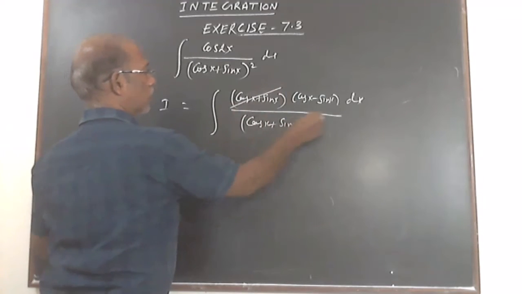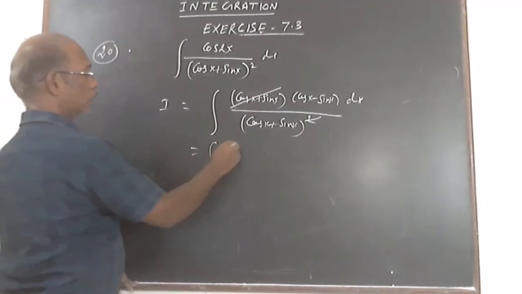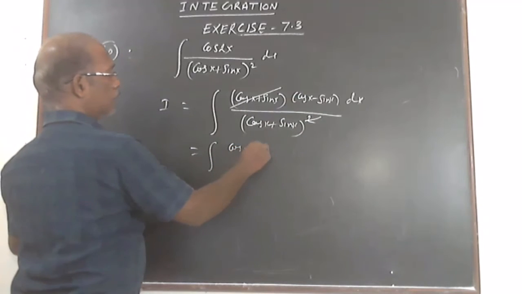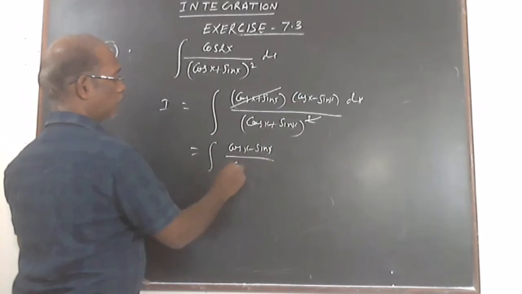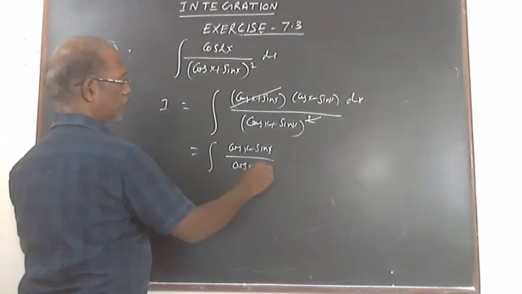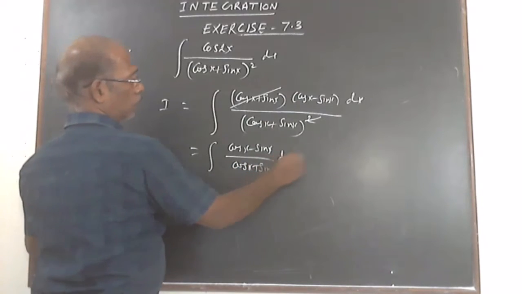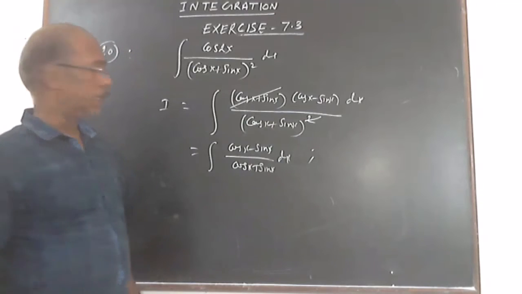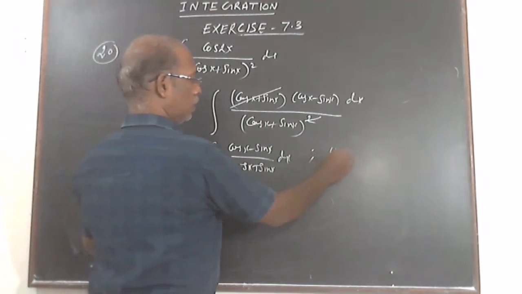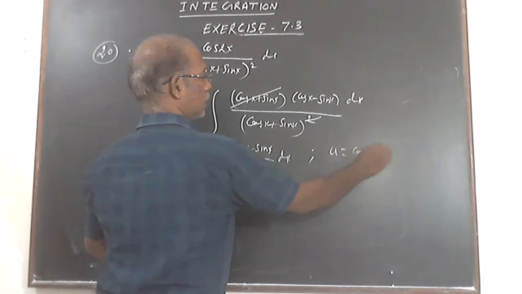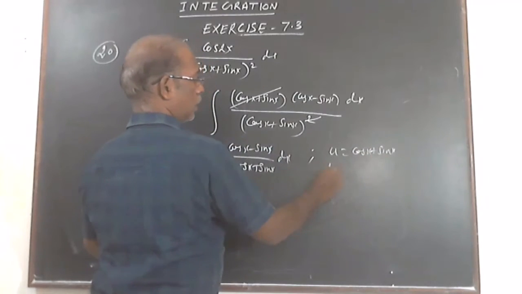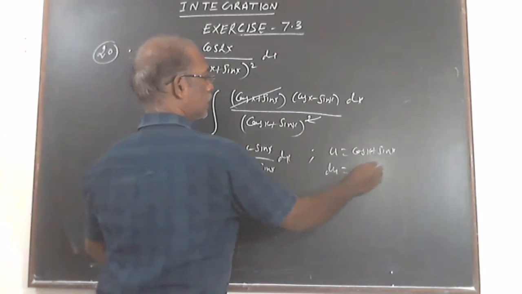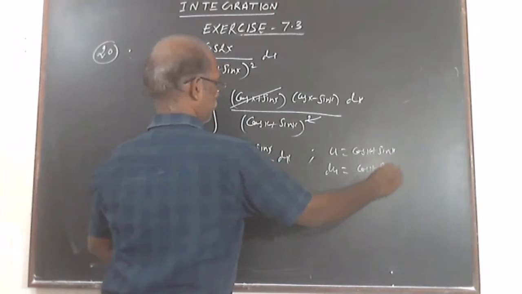On further simplification, we get cos x minus sin x in the numerator and cos x plus sin x in the denominator. Now, let us try to integrate using the substitution method. Let us take u equal to cos x plus sin x, and the corresponding du is cos x minus sin x.